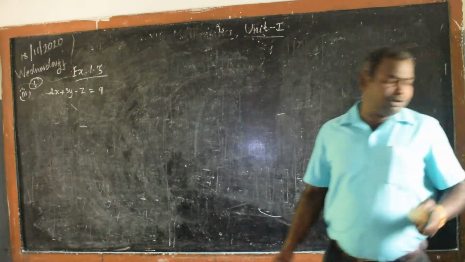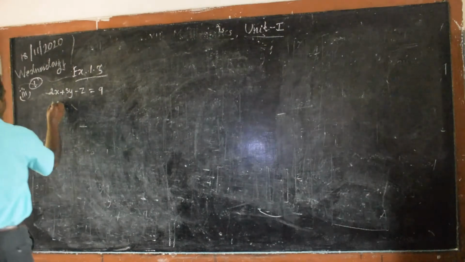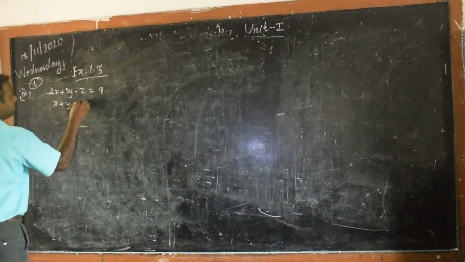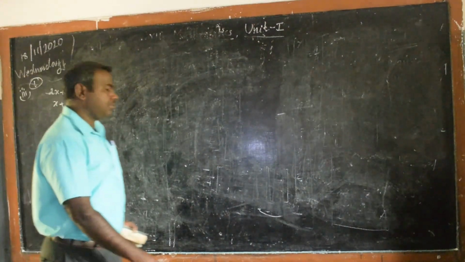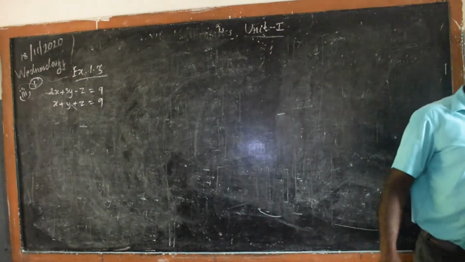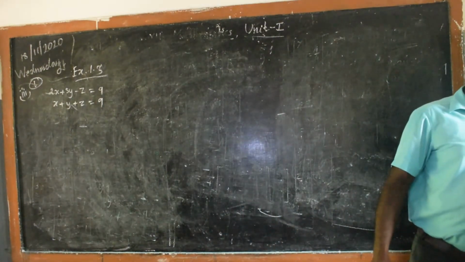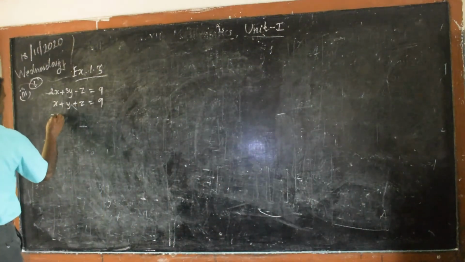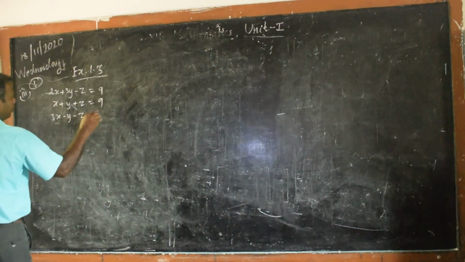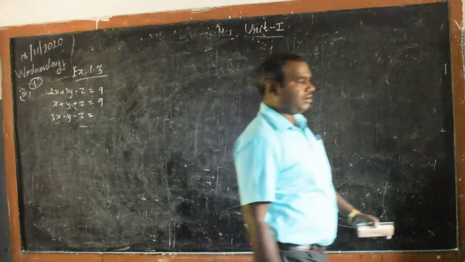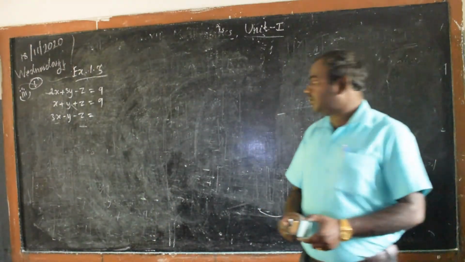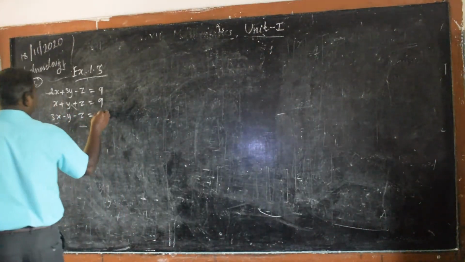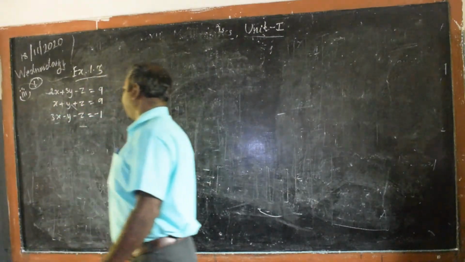X plus y plus z equal to 9. Last one, 3x minus y minus z equal to minus 1. Solve the system of linear equations.